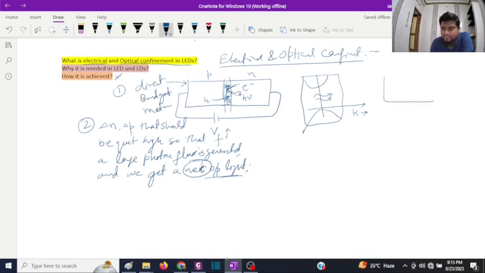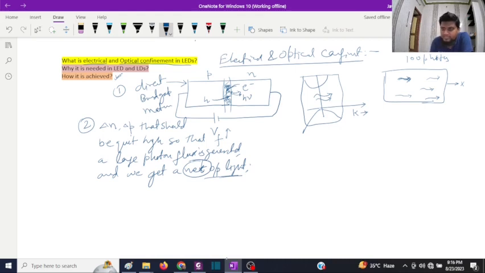You can assume it like this: some photons are being generated. Let's assume 100 photons are generated in an area that is quite large. All of these photons will again be absorbed by the same material, and that's why you will get nothing at the output.